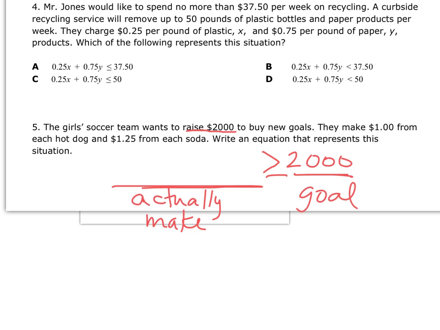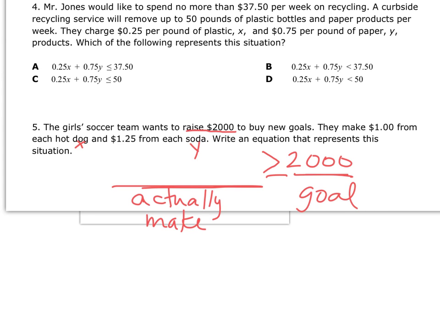All right, so now what we need to do, we know there's 2 different things that they're selling. They're selling hot dogs and they're selling soda. So what variables could I use? X and Y, all right. What should be X? Hot dogs, okay, so I'm going to put an X here next to hot dogs. So that would make sodas Y, right? Any kind of soda. They probably have a big old ice chest full of canned sodas.